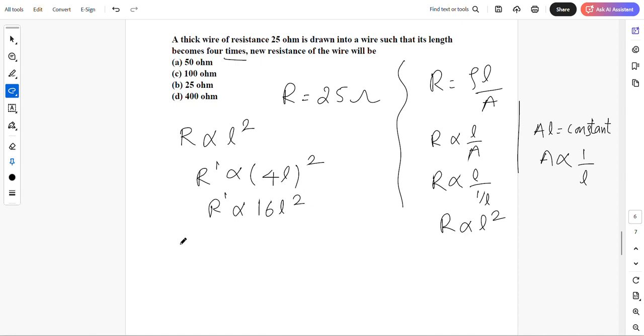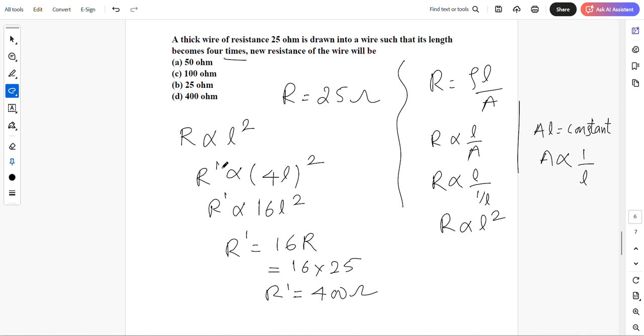The new resistance R dash is equal to 16 into R, 16 into 25. How much is 16 into 25? That is equal to 400 ohm. R dash is 400 ohm.